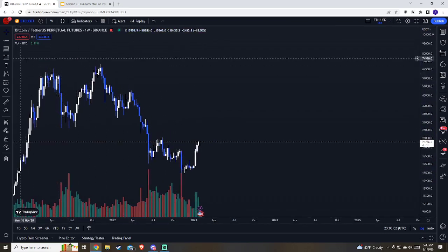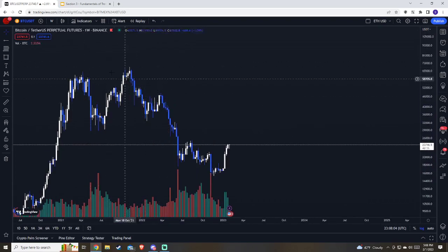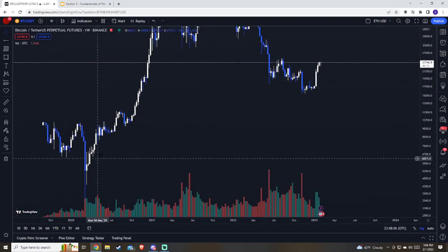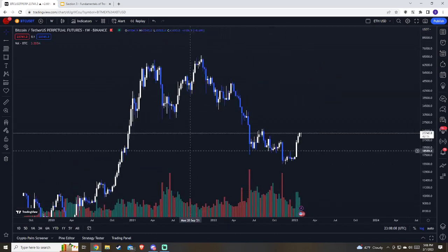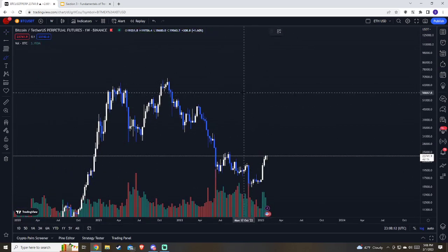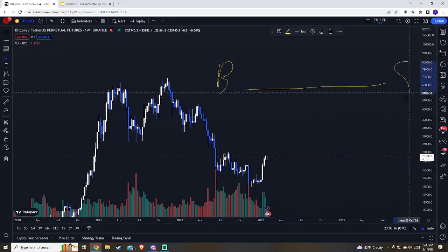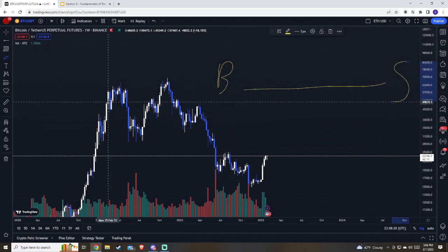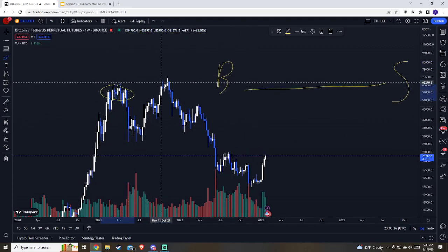Lastly, something I want you guys to think about is in these distribution areas or potential accumulation areas that we looked at previously, what is going on here? It's just the idea of a tug of war, right? You have buyers on this side, sellers on this side, and then there's a battle going on. So obviously buyers are winning here, winning, winning, winning. But what is happening here is they're taking profits, right? So when buyers take profits, what is that essentially doing?